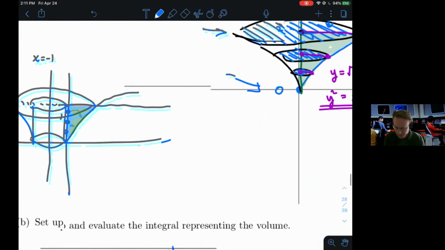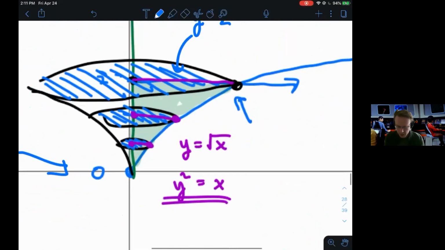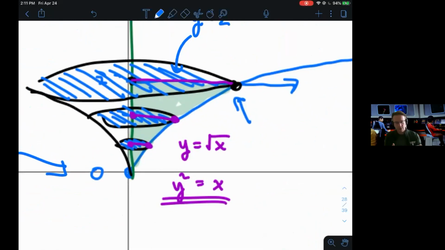We go back here, and looking at this, again, we go back to the picture, it's very useful to picture. The radius, for each one of these disks, seems to be how much we're moving left and right. So we go to the picture and we see the radius for this disk is how far do I travel from x equals 0, the y-axis, in order for me to hit this curve.